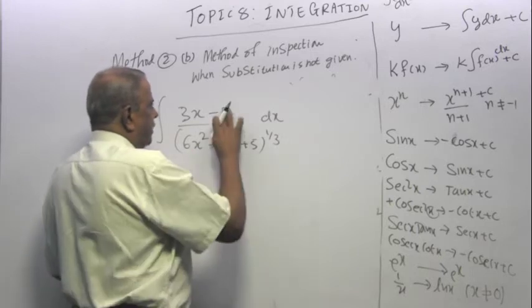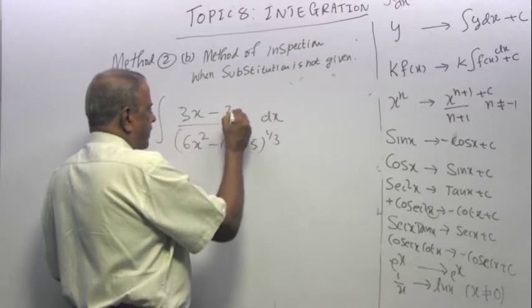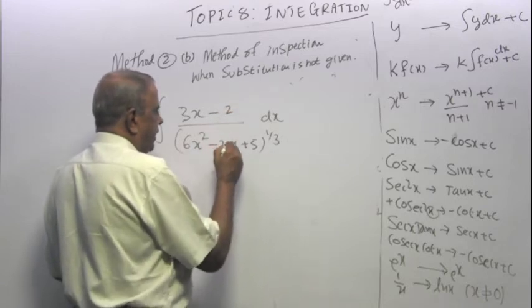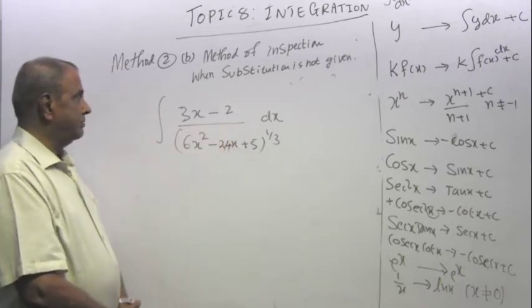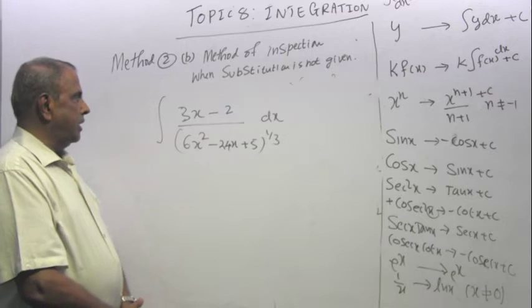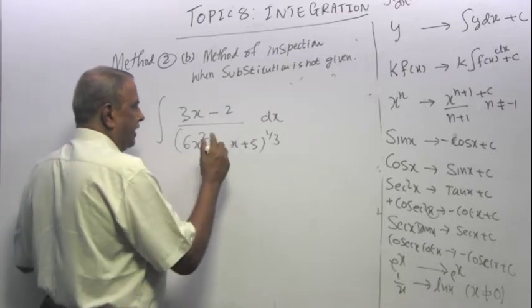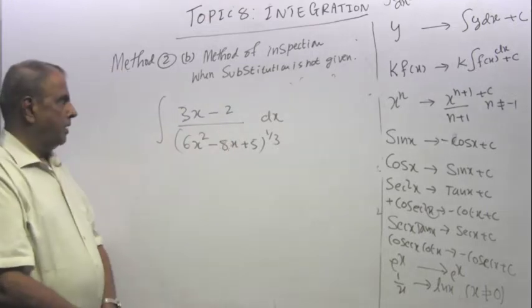So 12, 4, 3x minus 2, 12x, 24x. Okay. No. 12, so 3 4s are 12, 4 2s are 8x. Okay. Alright.